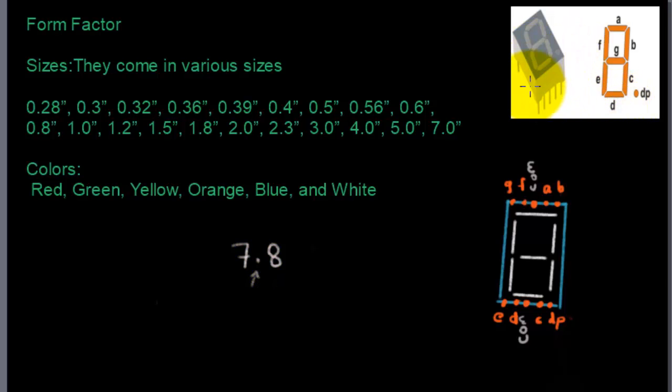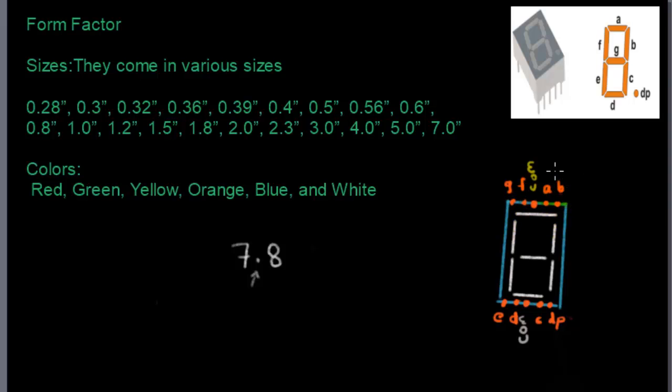So basically one more thing you could observe is the pins are not aligned in a symmetric way. So it is not like A, B, C, D, and so on.